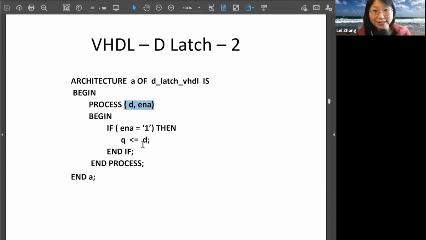It implies when ENA equals 0, Q's value remains unchanged. It will keep its previous value. So basically, if you want to complete this statement, you say, if ENA equals 1, Q gets assigned with D, else Q gets assigned with Q. So Q's value will remain its previous value. So this is the HDL code.